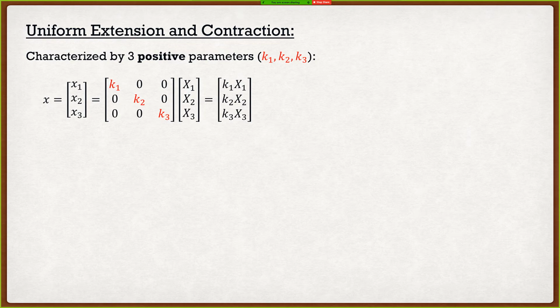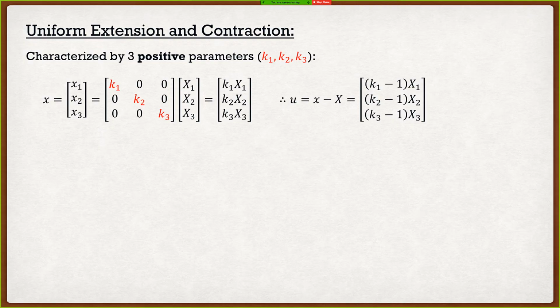Therefore, our position function small x is going to be K1 X1, K2 X2, and K3 X3. From this, we can calculate our displacement function u, which is equal to small x minus big X, and we get K1 minus 1 times X1, K2 minus 1 times X2, and K3 minus 1 times X3.